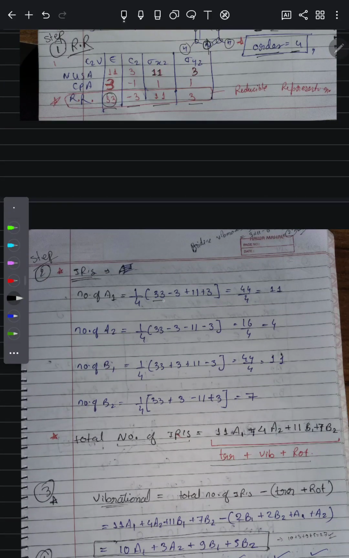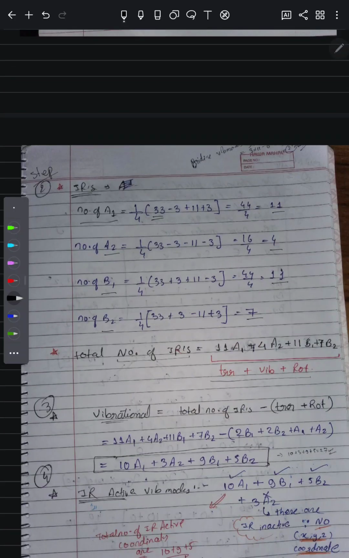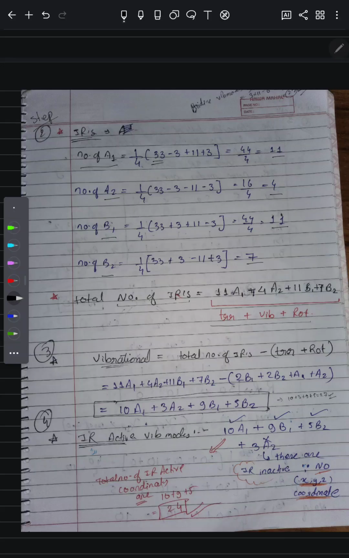So this is the formula that we use, and we will get the value for A1 as 11, for A2 it will be 4, for B1 equal to 11, and for B2 equal to 7. After that we will get the total number of irreducible representations, which is 11 plus 4 plus 11 plus 7. All these are in the irreducible representation.